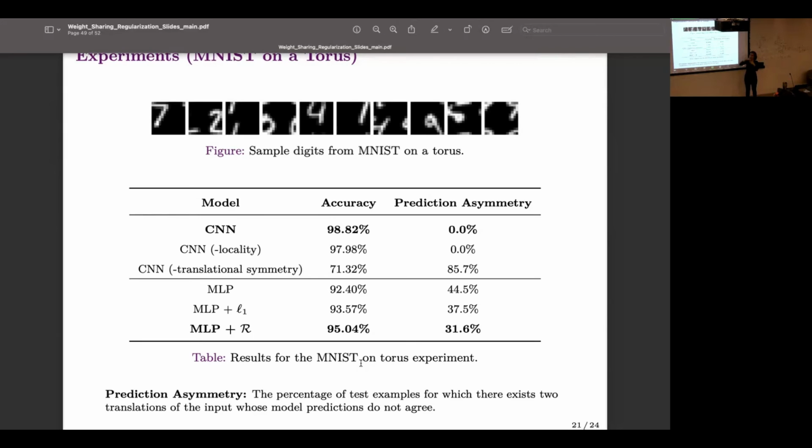So we create 196 images and the model should predict all of them the same. If it's not predicting any 2 of them the same, we reduce the score of the network by 1. This is how we measure the prediction asymmetry.